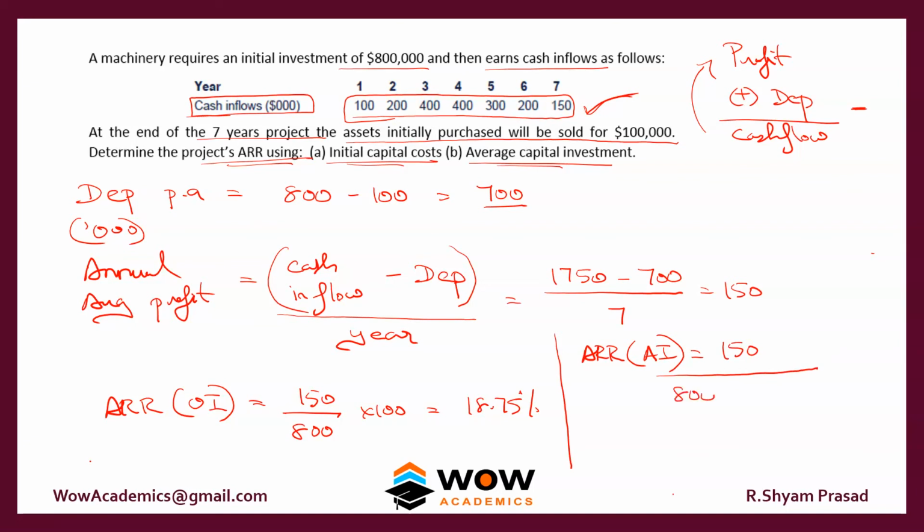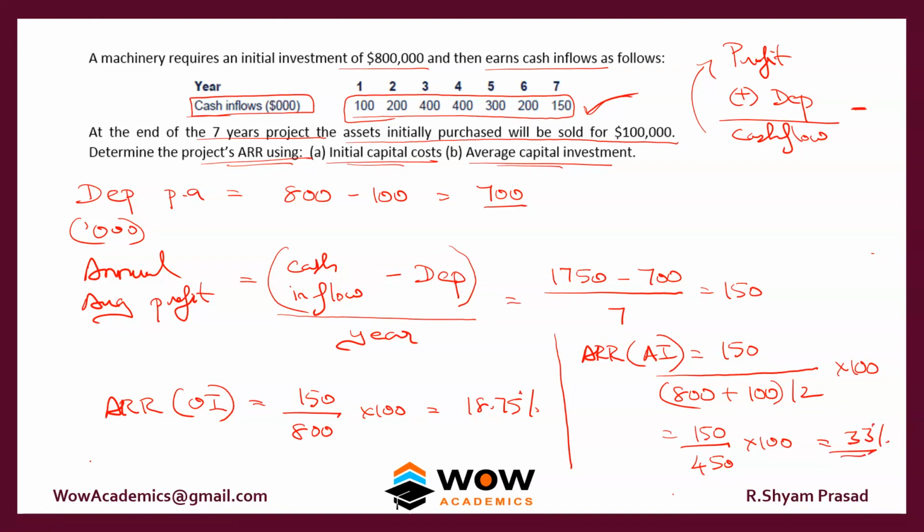The denominator is investment plus the scrap, which is 100, with both numbers divided by 2. So our answer comes to 150 divided by 450, into 100, which is 33%.